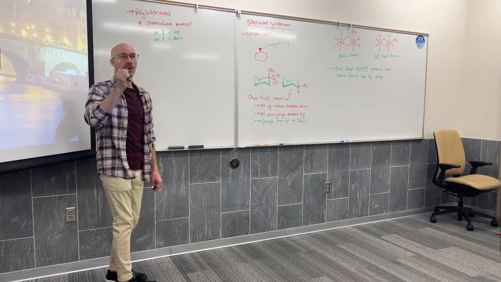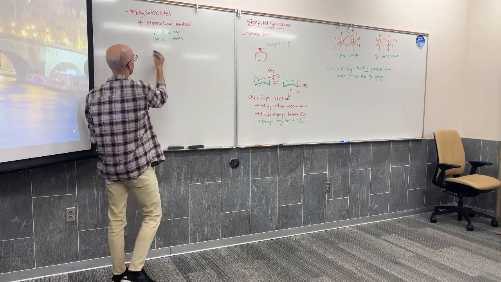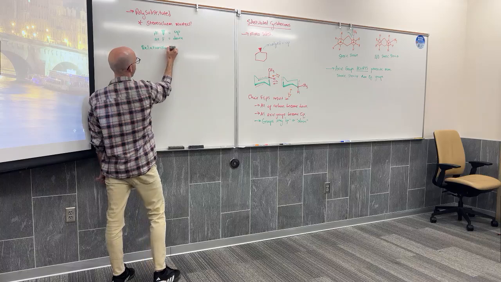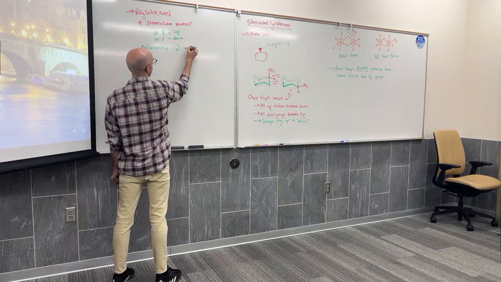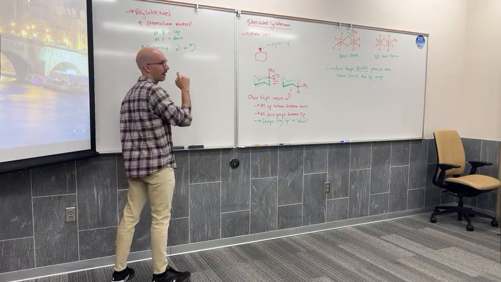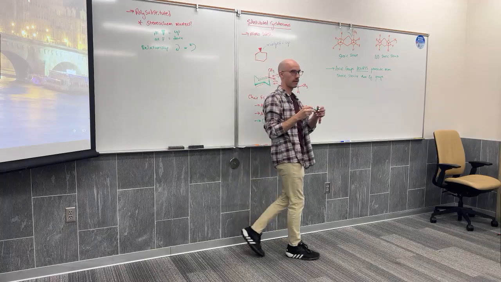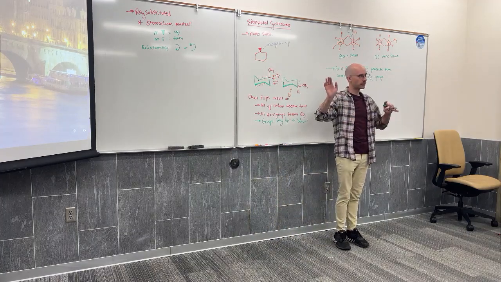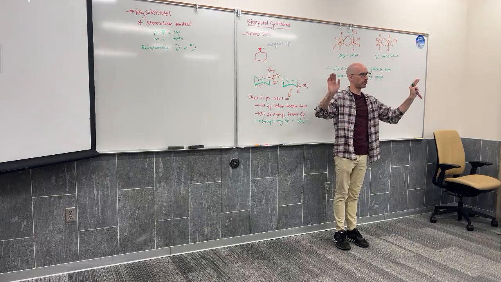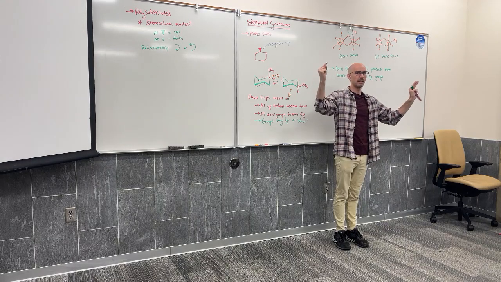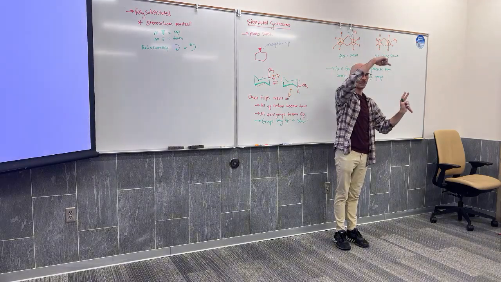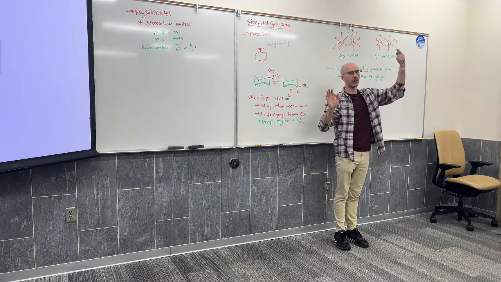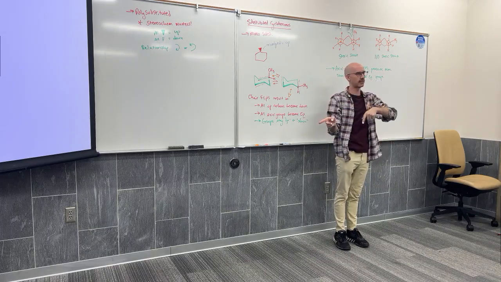But the sequence also matters. Their relationship, clockwise or counterclockwise around a ring, matters. If you have a wedged group and a dashed group, and they're related clockwise, wedged to dashed, you can't draw them in the chair related counterclockwise, wedged to dashed.